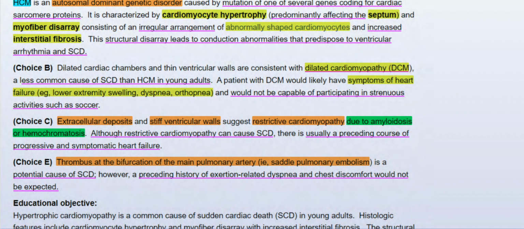Extracellular deposits and stiff ventricular walls indicate restrictive cardiomyopathy due to amyloidosis or hemochromatosis. Although restrictive cardiomyopathy can cause sudden cardiac death, there is usually a preceding course of progressive and symptomatic heart failure. Thrombus at the bifurcation of the main pulmonary artery is a saddle pulmonary embolism, a potential cause of sudden cardiac death. A preceding history of exertion related dyspnea and chest discomfort would not be expected.